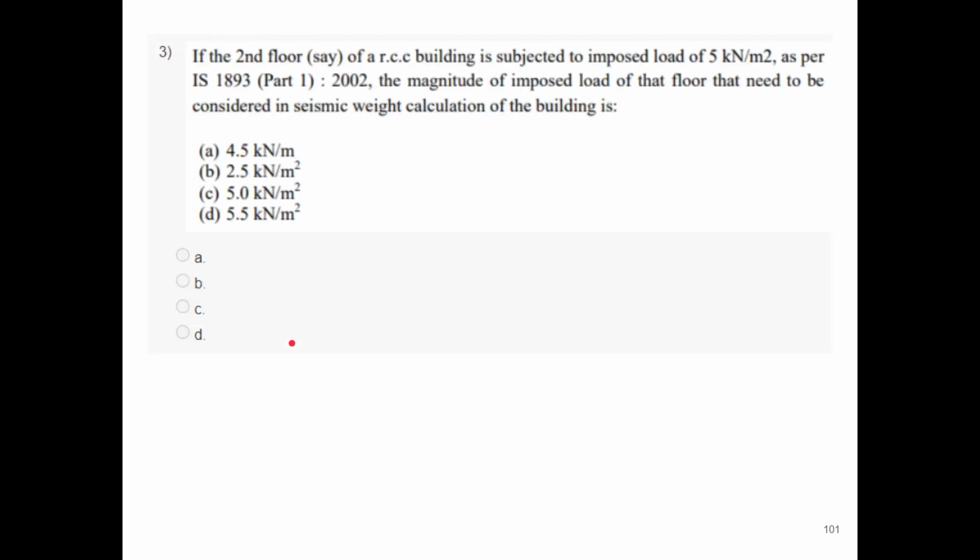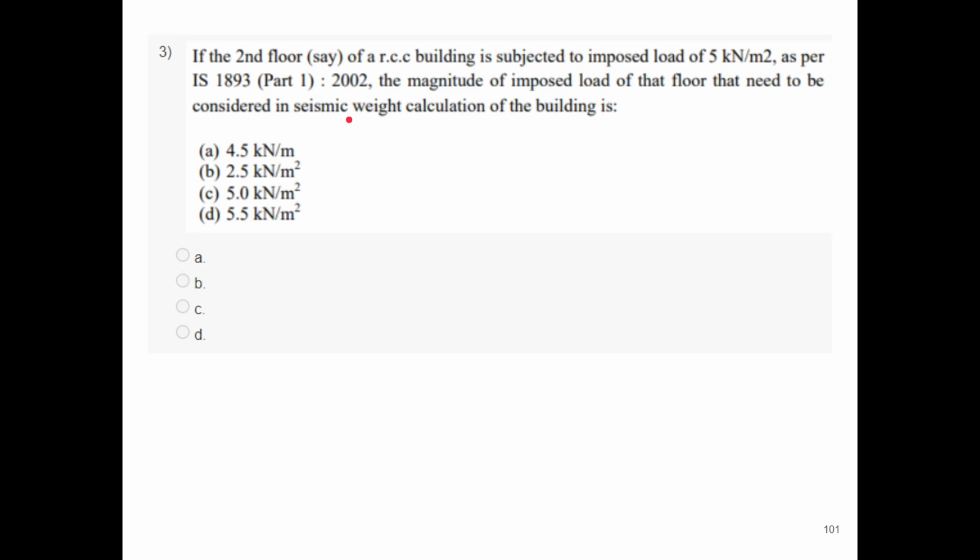Third question: if the second floor of a RCC building is subjected to imposed load of 5 kN per meter square, as per IS 1893 Part 1 2002, the magnitude of imposed load of that floor that needs to be considered in seismic weight calculation of the building is A 4.5 kN per meter square, B 2.5 kN per meter square, C 5.0 kN per meter square, or D 5.5 kN per meter square.